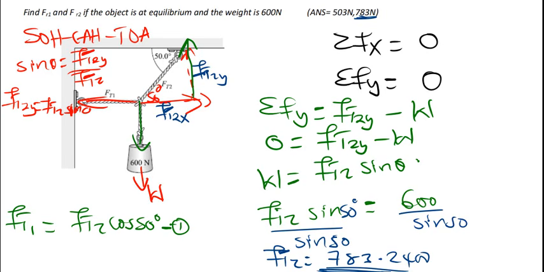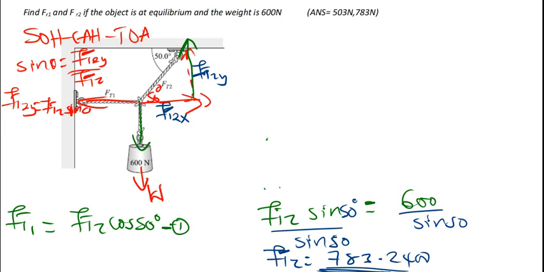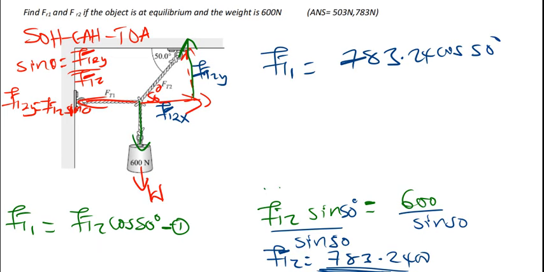Since we said that Ft1 is equal to Ft2 cos 50, where there is Ft2, I will replace it with 783.24, then cos 50 degrees. Ft1 is going to be 783.24 cos 50.